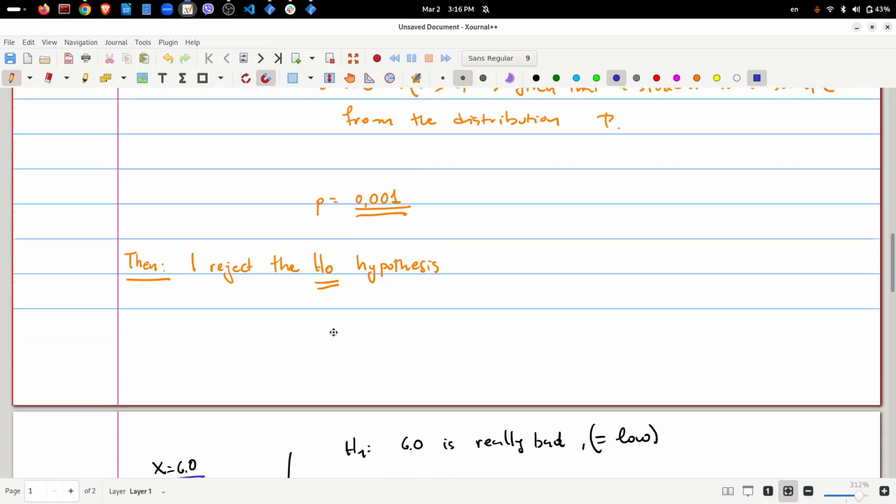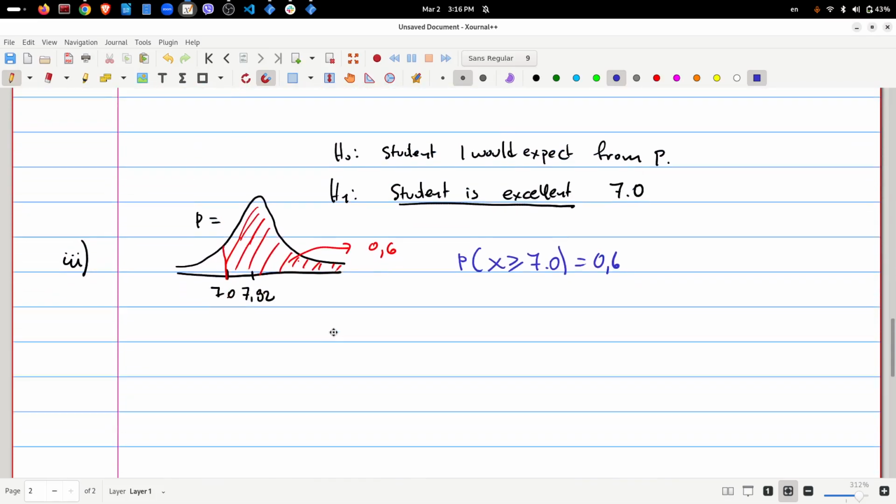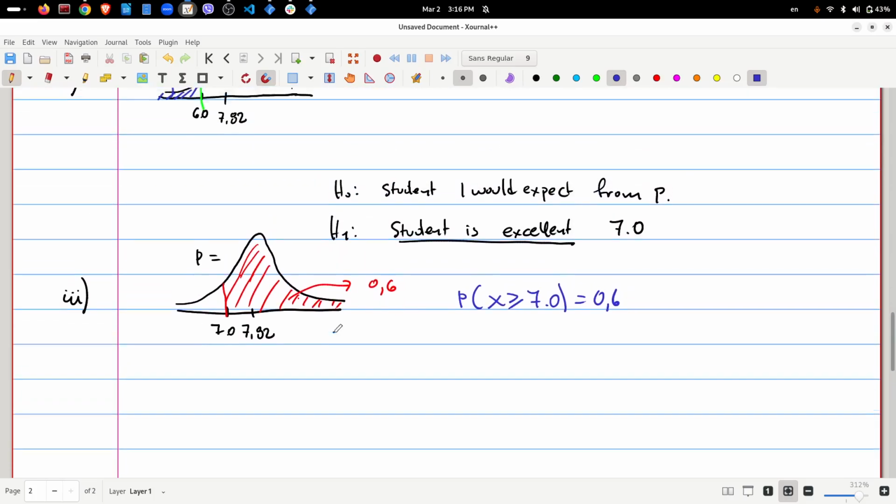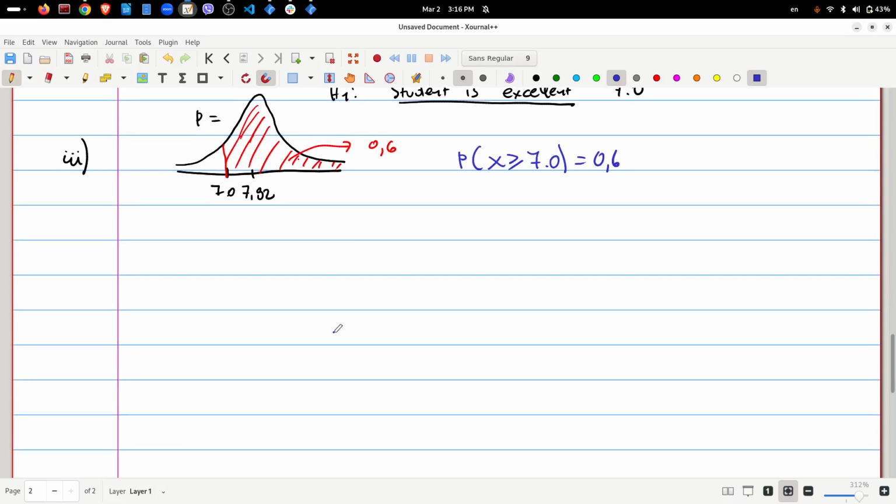So these are 3 examples that will help us to understand the hypothesis testing. So to wrap up here, when I want to perform a hypothesis testing, I need some things to have in my hand. The first is to have an observation.